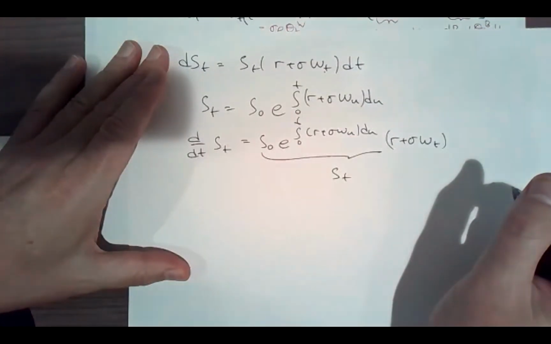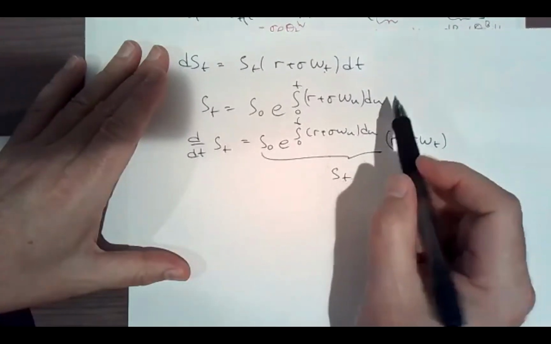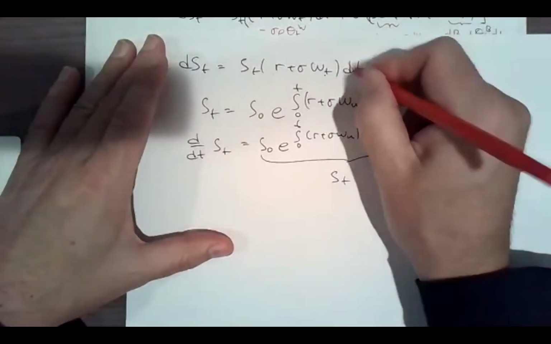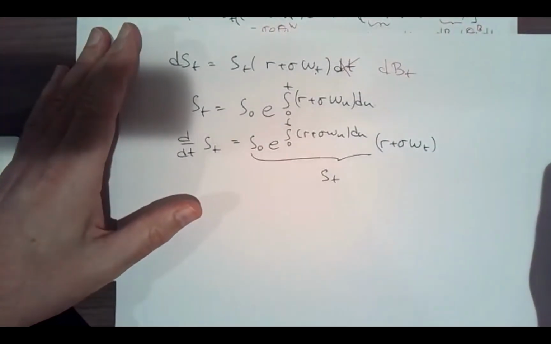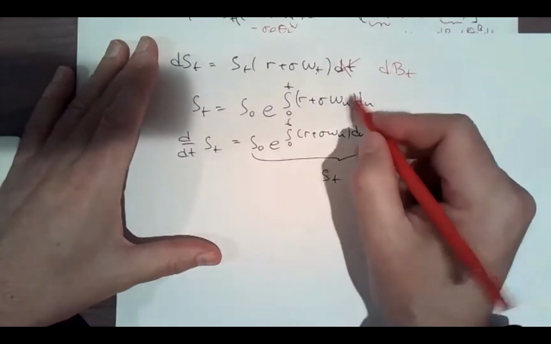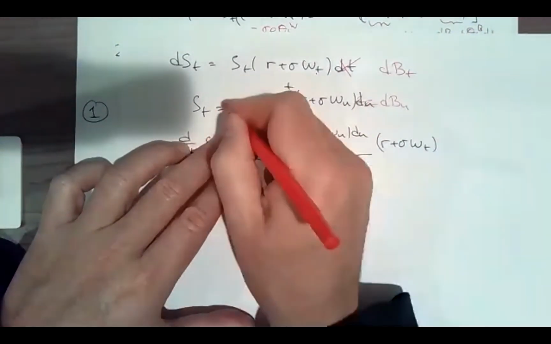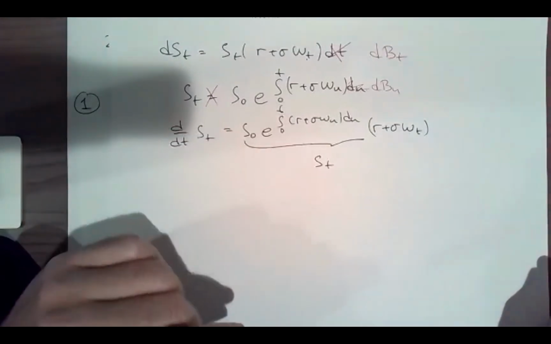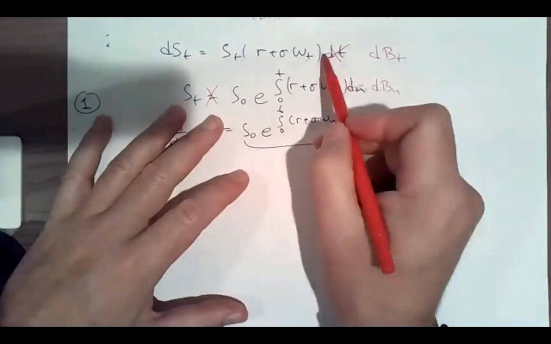I see. Okay. The problem is, if instead of du here you write dB here, then this is not true. You cannot just substitute like that.